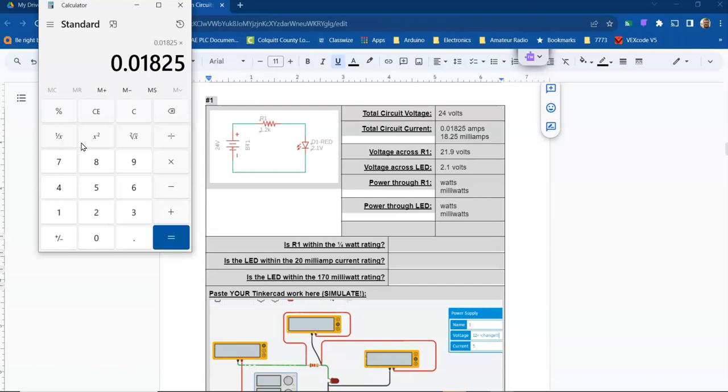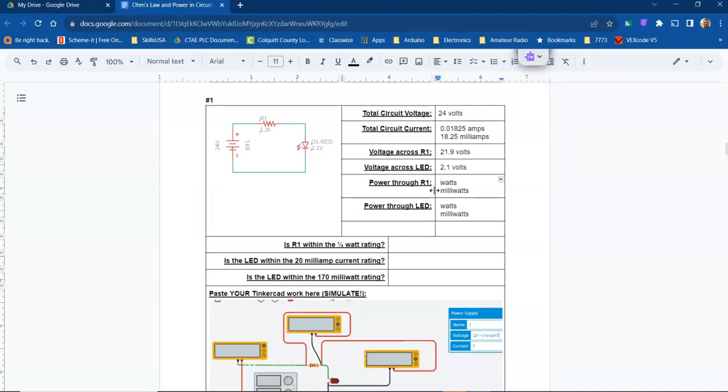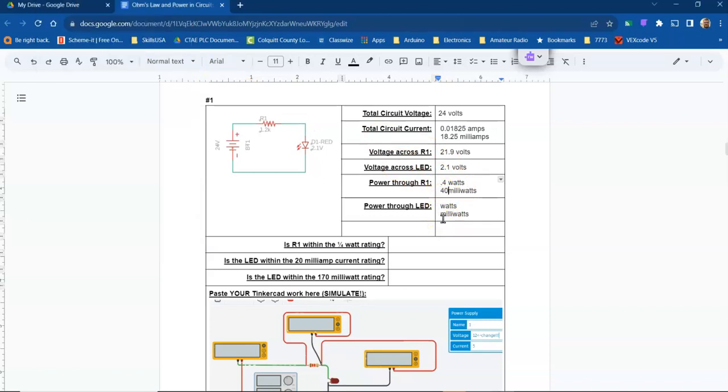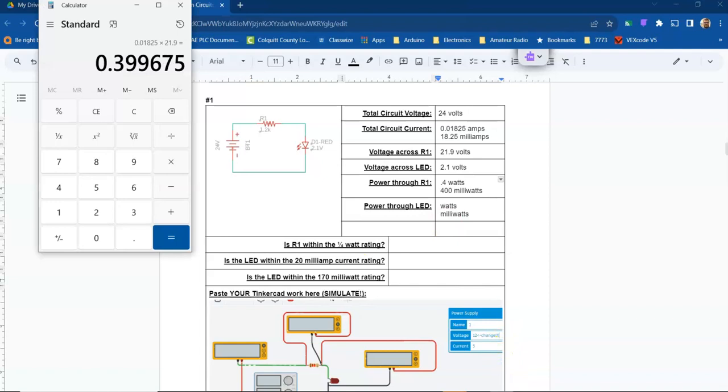You're going to multiply that times the resistor voltage, which is 21.9 volts. We get 399.6 milliwatts. I'm sorry, watts. So round it up to 0.4 watts, which is 400 milliwatts.